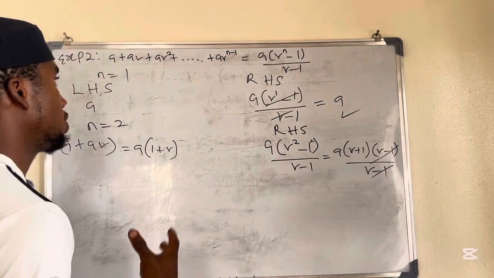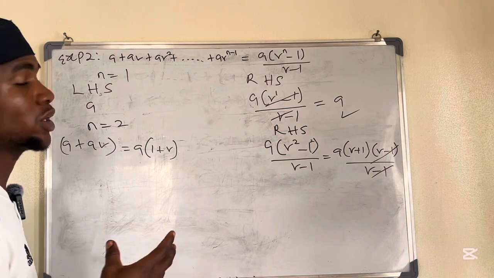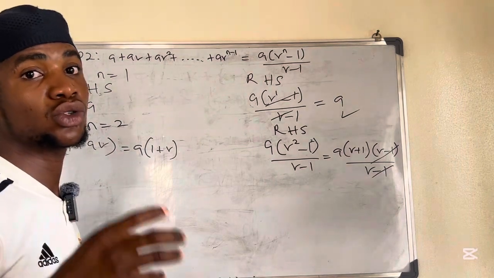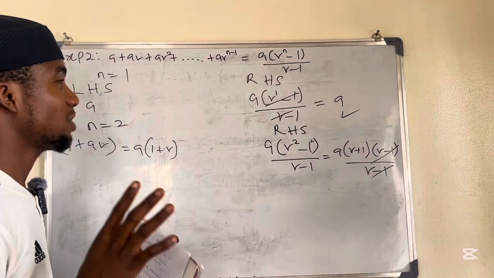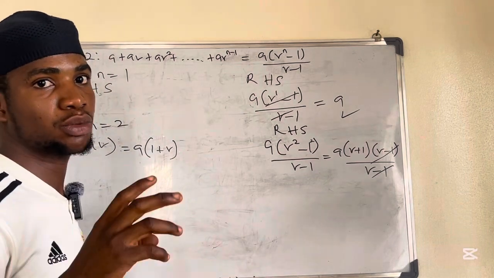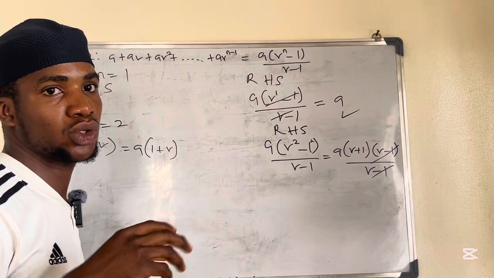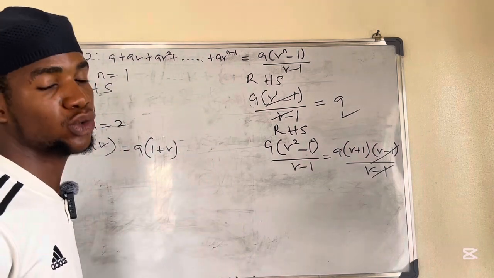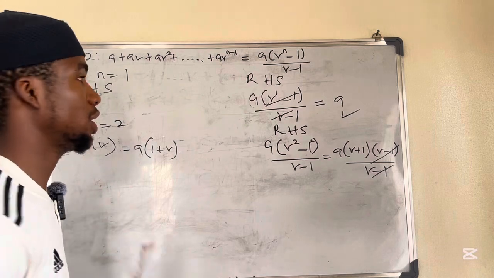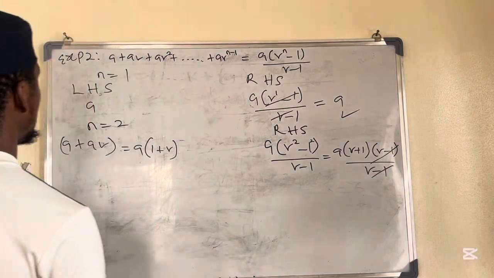So the next thing now, we quickly move towards step 2, where we're asked to assume that n is equal to k. So it's just substituting n equals to k. That's the only thing. They say we should just assume that n is equal to k. So obviously that's what we're going to do.